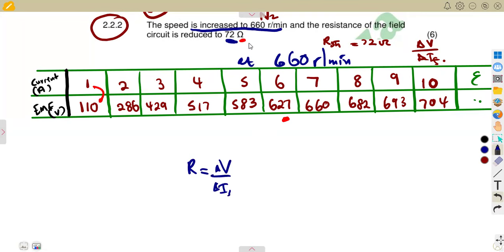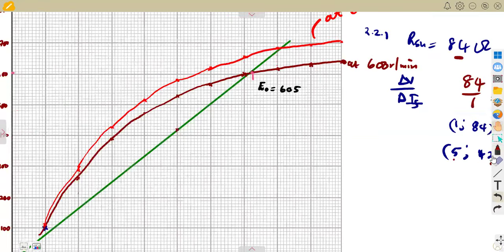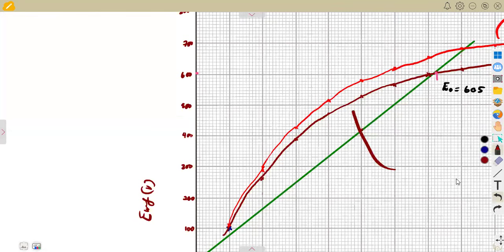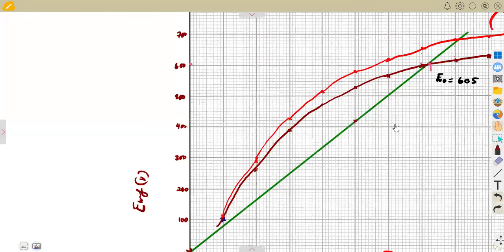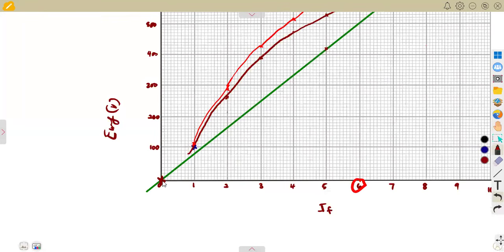So already we are given the resistance is 72. So 72 over 1, like I explained, must give you that 72 ohm. But are you going to locate the point 72? Is it visible? Just like what we saw, we're going to have a reference point, which is the 0, 0.